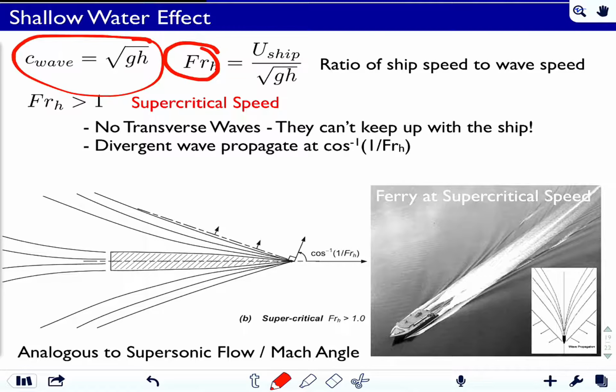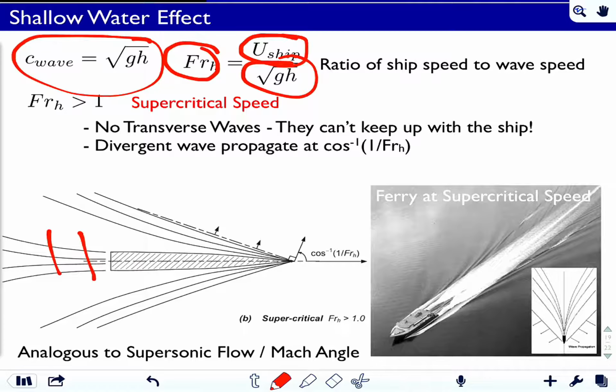This is a depth-based Froude number. This is typically used in oceanography, where you have a velocity scale, which is the ship speed, and a wave speed scale. Here it's root gH. So this is a ratio of the ship speed to the wave speed, the speed at which waves propagate in the ocean. If you are traveling faster than the wave speed, then you outrun your transverse waves. They're back here.